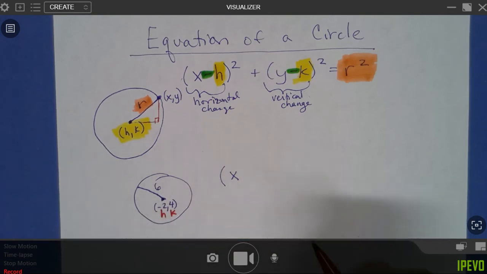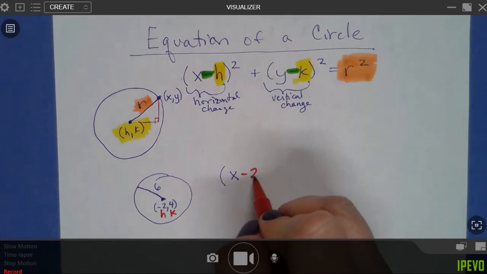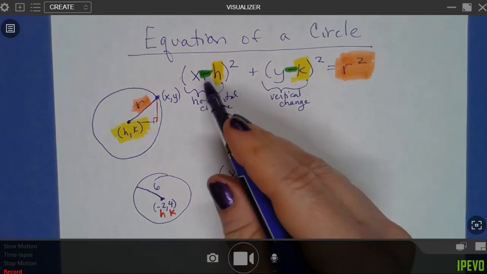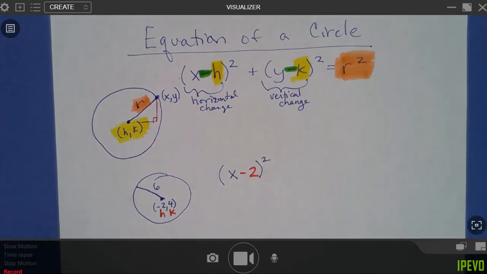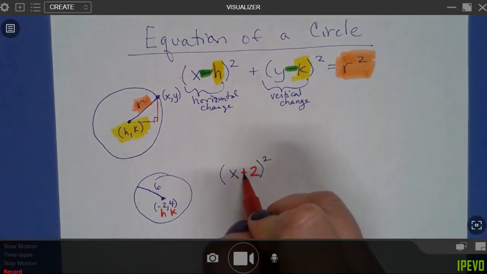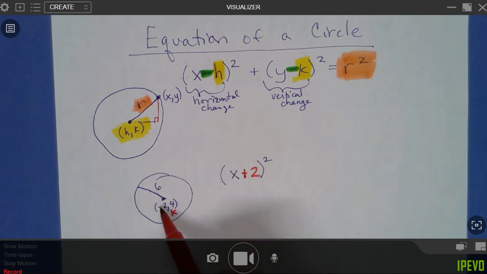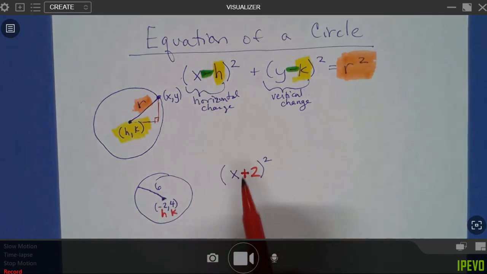So x minus -2. Now, I'm supposed to subtract a -2, right? So when I subtract a -2, I add. Remember, when you're subtracting a negative, it's addition.